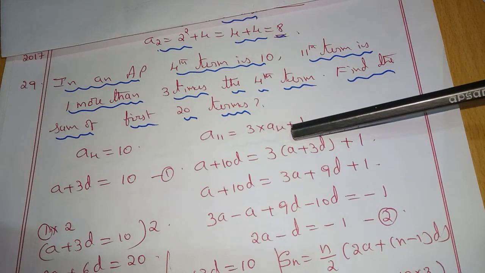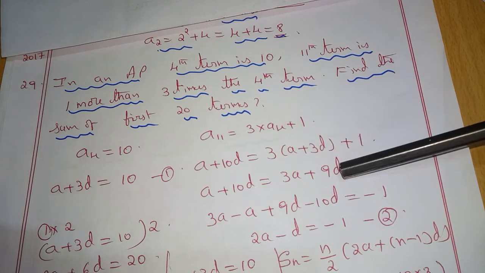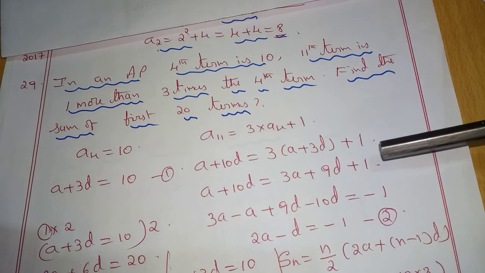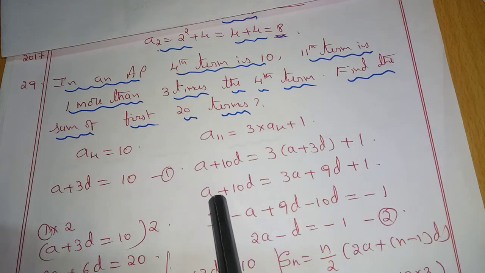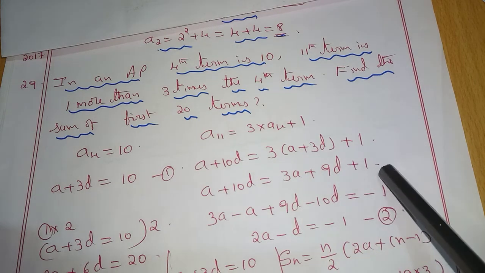Now multiply 3 inside the bracket. 3 into A, 3A. 3 3s are 9D plus 1. Right hand side. A plus 10D is equal to 3A plus 9D plus 1.